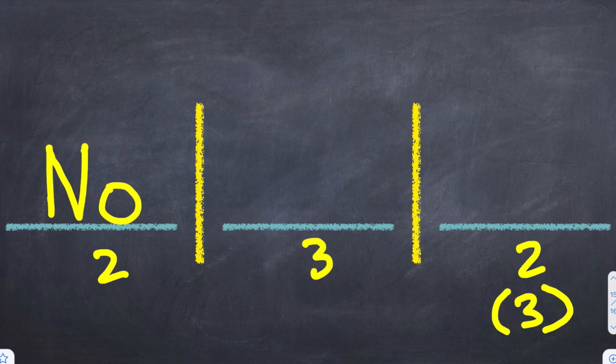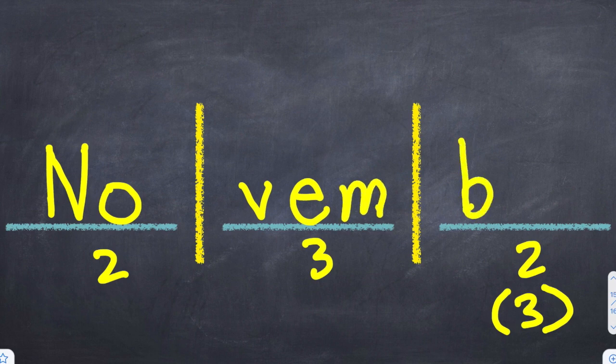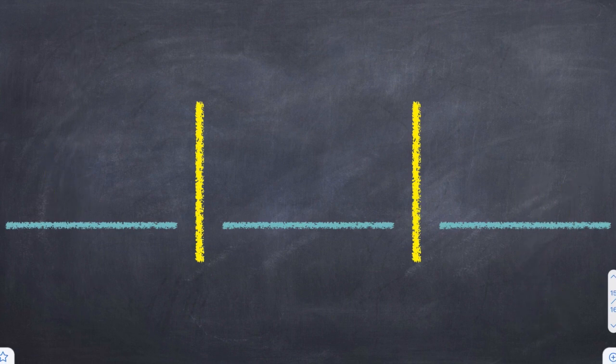No. O. And then vem, v. Burr, b. Well, we got an sound at the end of a word. This is an R controlled, so how do we spell at the end of a word? E-R.